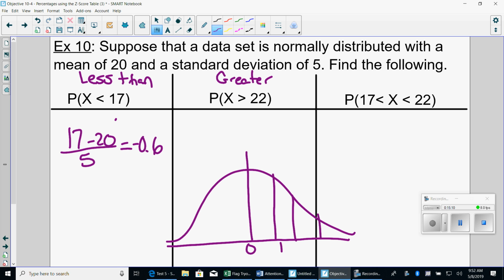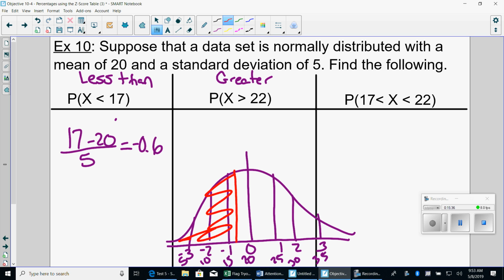I hope you drew a bell curve because that will help you make sense of where you're going to shade. So this would be 20, 25, 30, 35, 15, 10, and 5. Okay, so if I mark 17, which would be here, and I want what's less than.